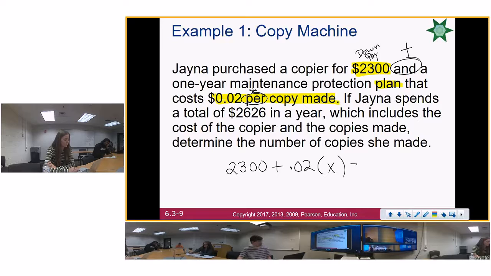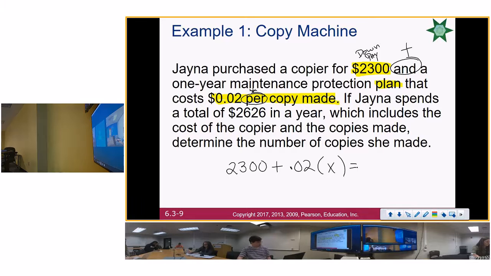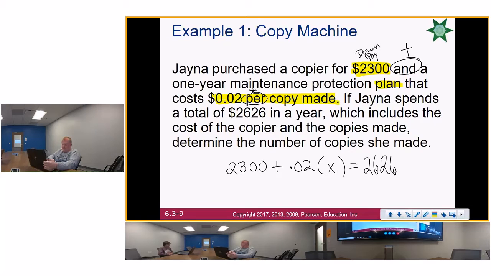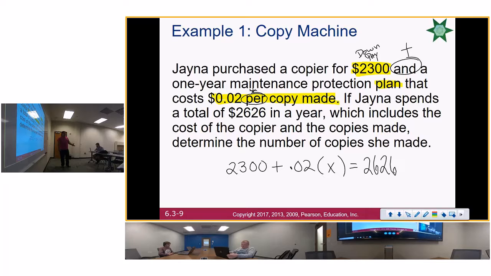If Jana spends $2,626, how many copies did she pay for? How many hours did she stay in the garage? How many miles did she put on her leased car?